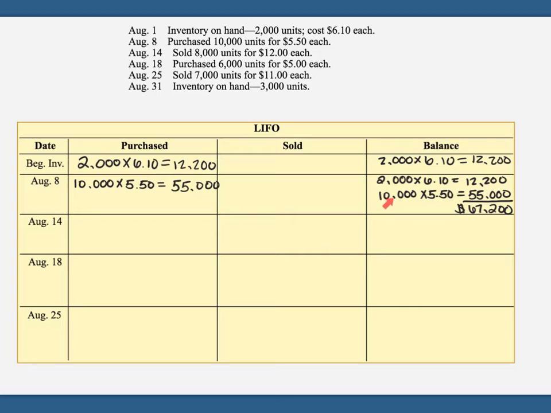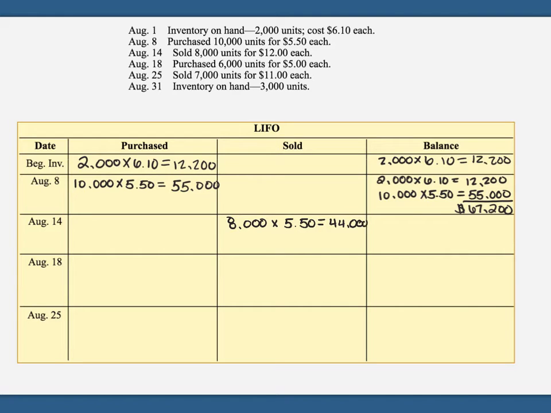So if we look up here, the last 8,000 would come out of this last 10,000 we purchased at $5.50 a piece. So we would fill the box in as 8,000 units sold at a cost of $5.50 a piece. It's going to equal $44,000.